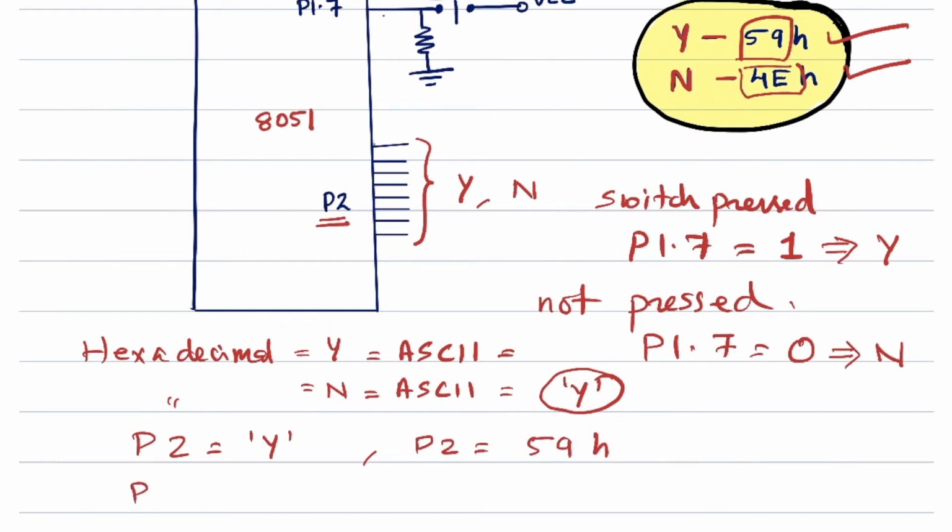Similarly, if you write P2 equal to 'n', there is no equal to in the assembly level program, but for the explanation I am writing it, then we will get the value 4e in port 2. So this is how we send a character yes or no to the particular port.